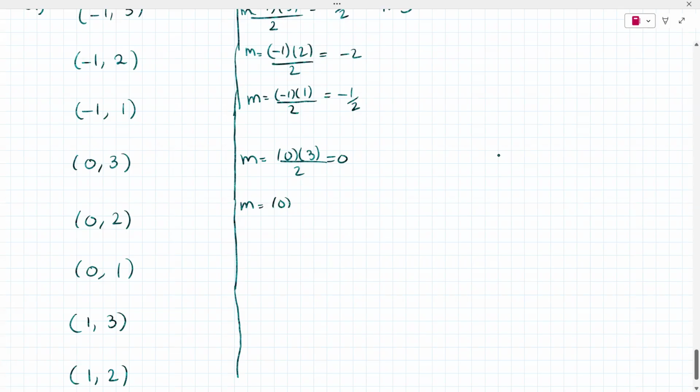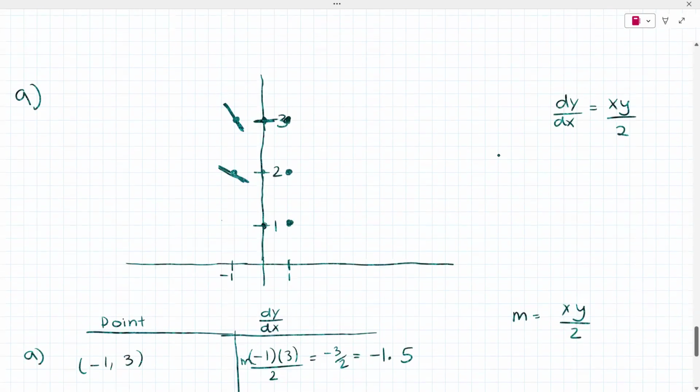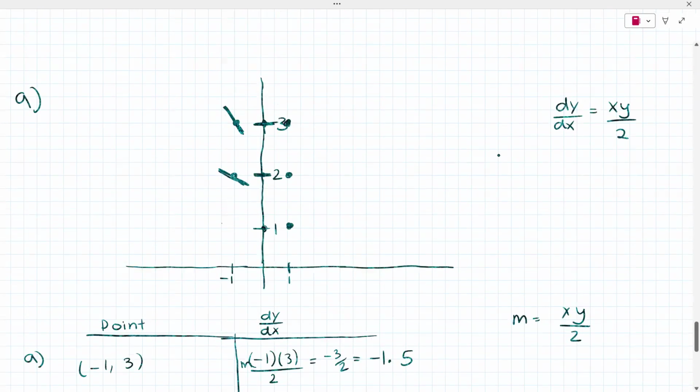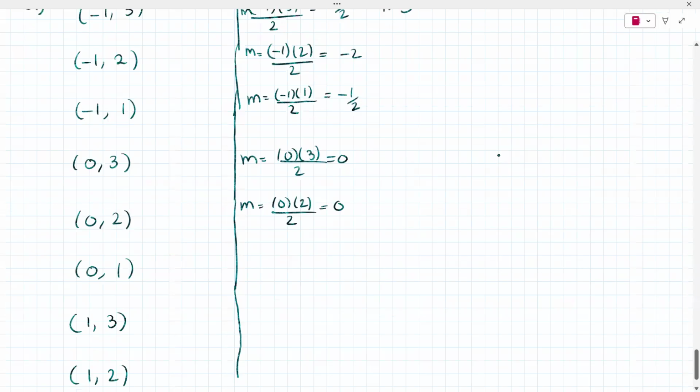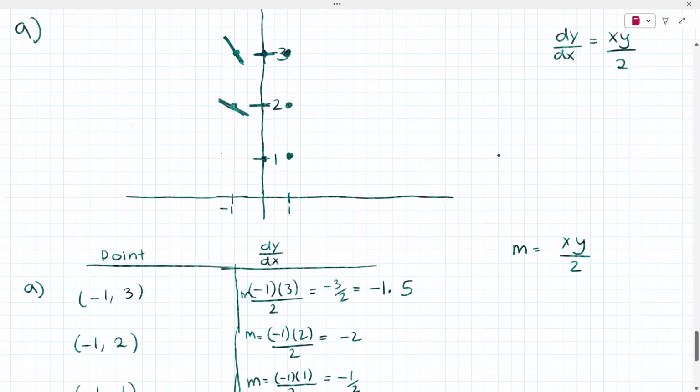My x is 0, my y is 2, all over 2, so that's 0. That would look completely horizontal like this. And then the next one is 0, 1, so that's going to be 0. That would look like this.